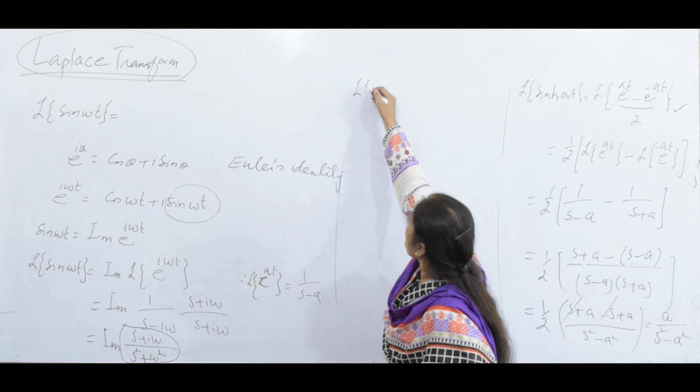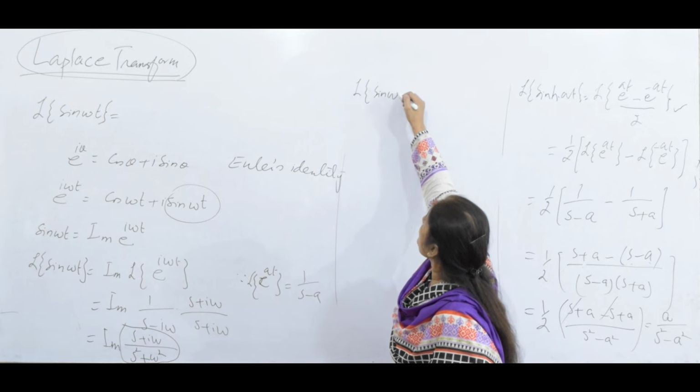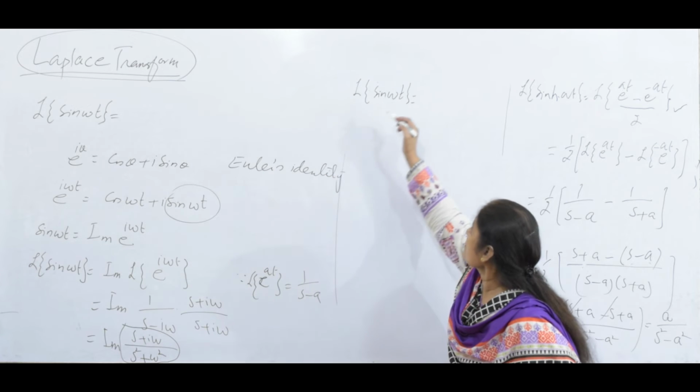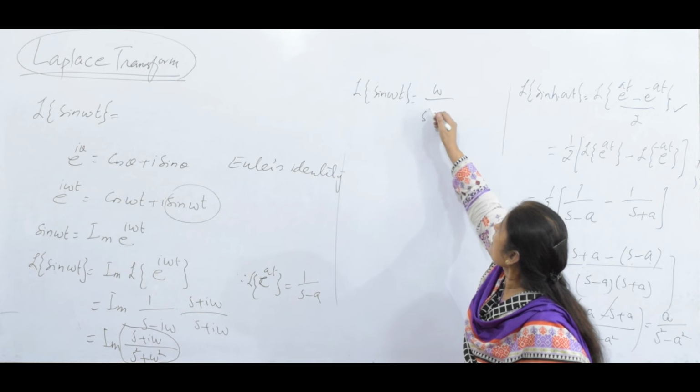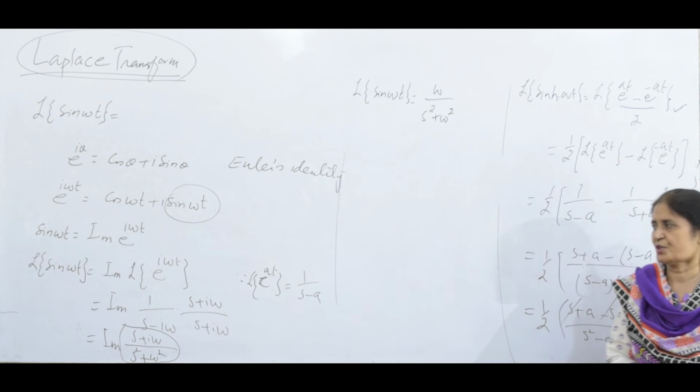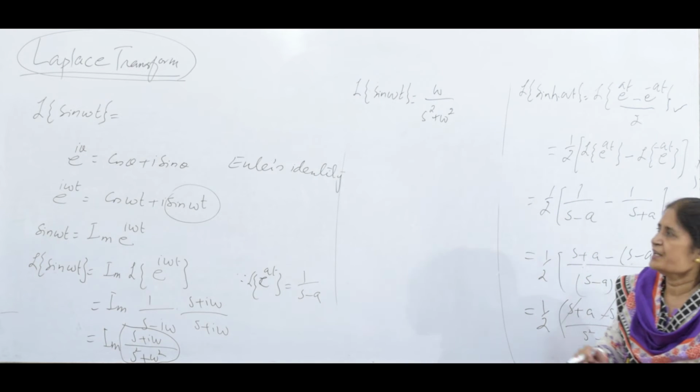So the Laplace transform of sin ωt is ω over s square plus ω square.